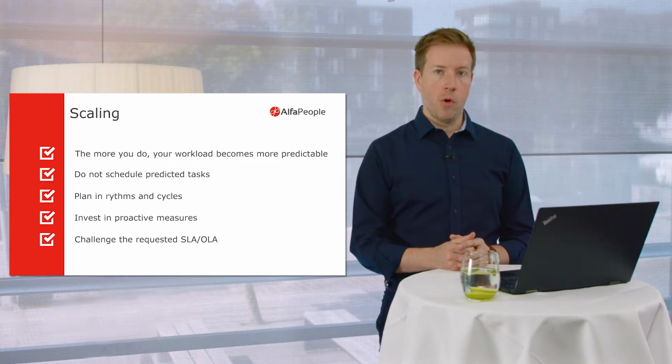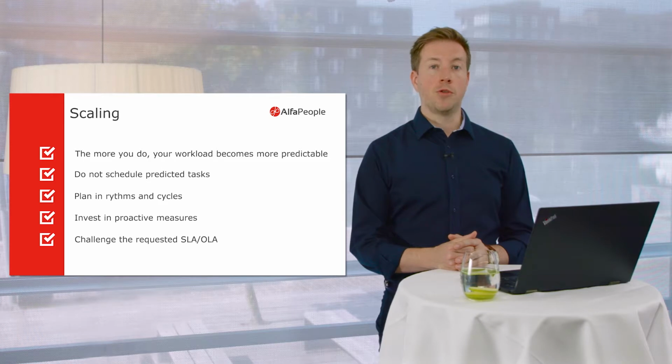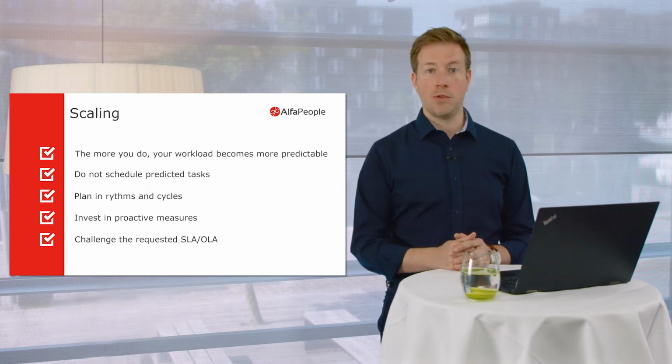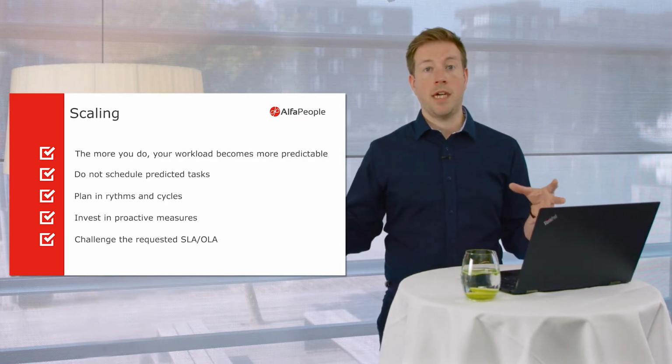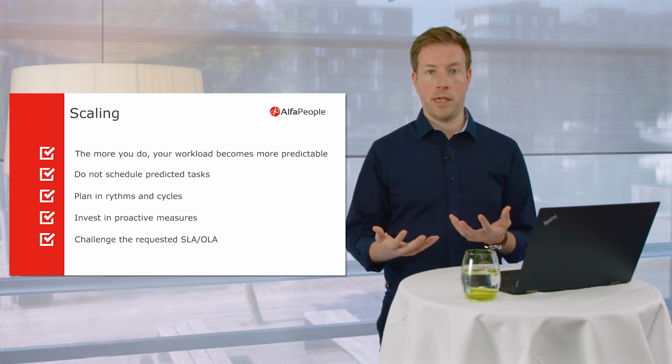First of all, the more you do, the more predictable your workload becomes, right? So if you are 2 guys doing 10 tasks, if one task explodes, you are in the deep end already. But if you're 5 or 10 guys doing 30 tasks, that one task can explode and you can still accommodate things.